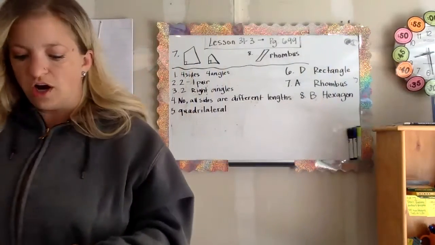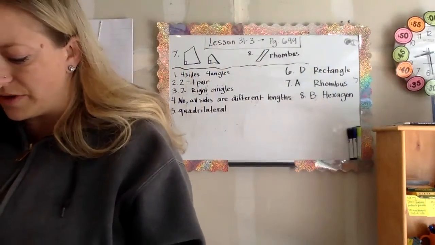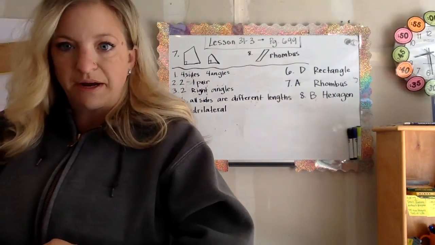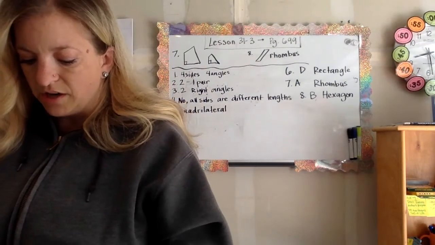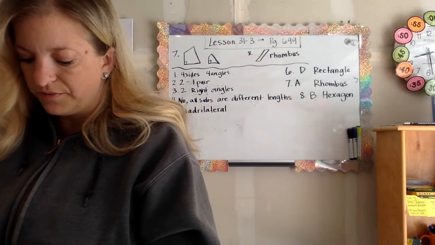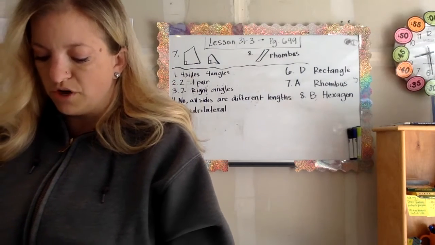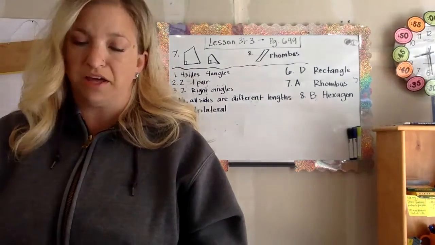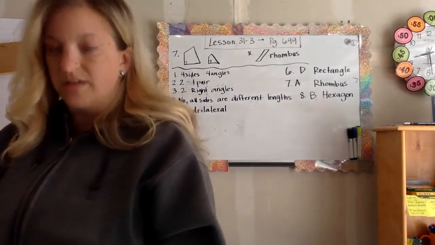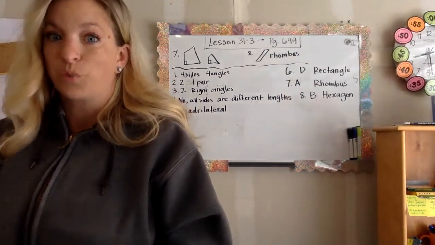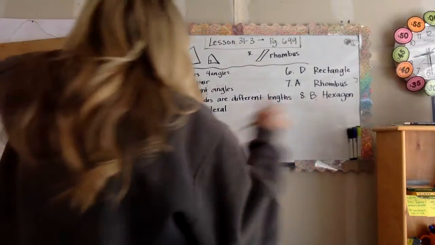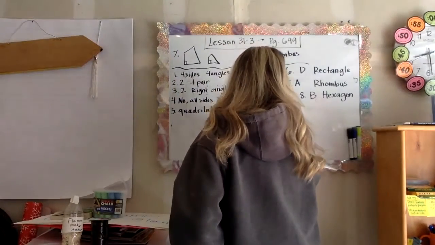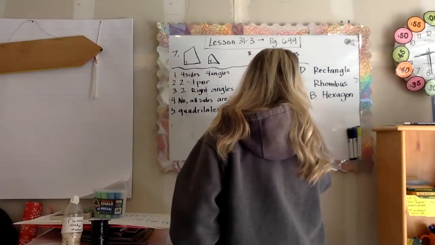Number 9, draw a quadrilateral that has at least 3 right angles, 2 pairs of parallel sides, and all sides are the same length. So if you know it has right angles and you know it has sides that are the same length, then that is a square. So the only choice for number 9 is a square, because a square has at least 3 right angles.